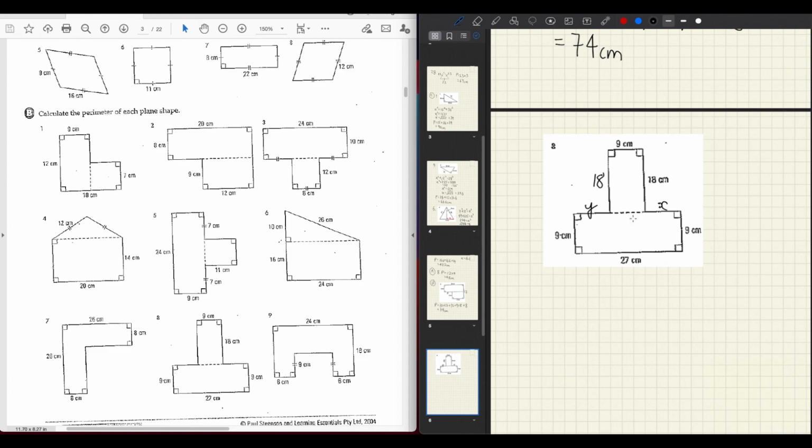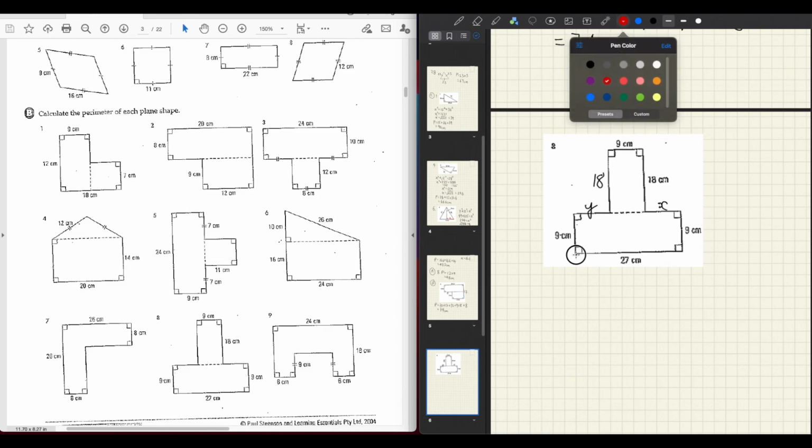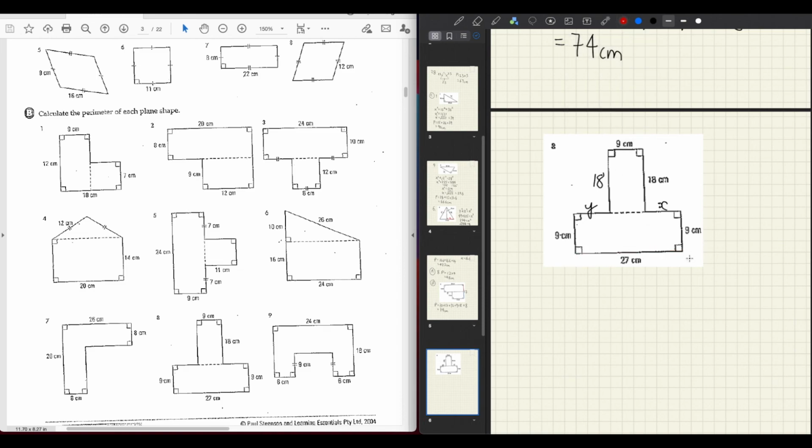So this is a bit of a tricky question, but I'm just going to spoil it for you and tell you the answer. As you can see, this side, we know that this length is 27, right? So we know that this length is 27, and we know that this length plus this length plus this length is also going to be 27, right?